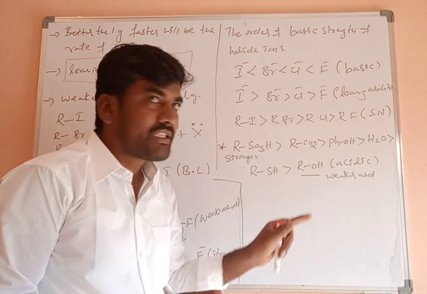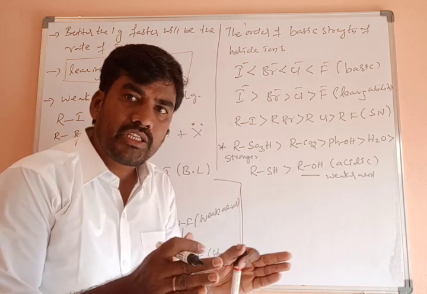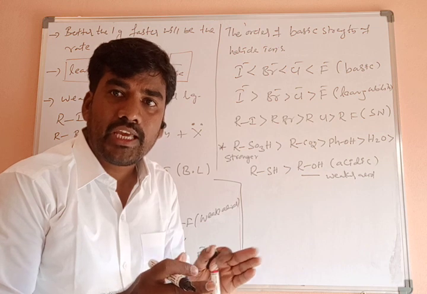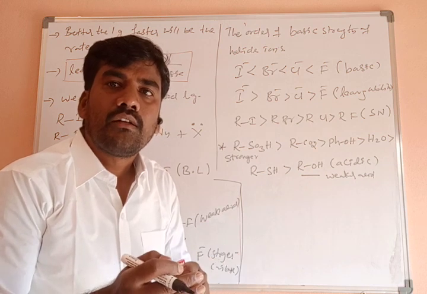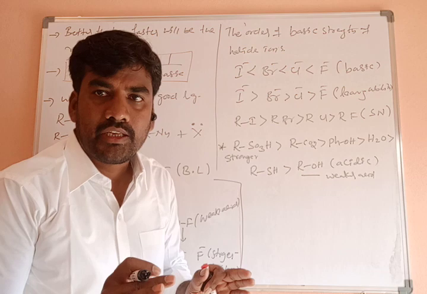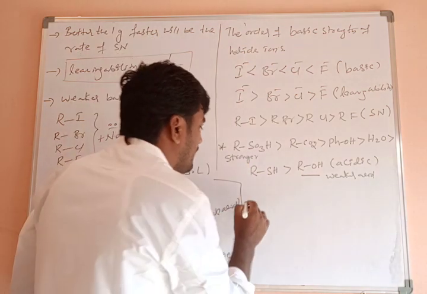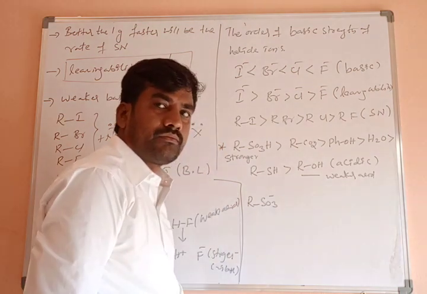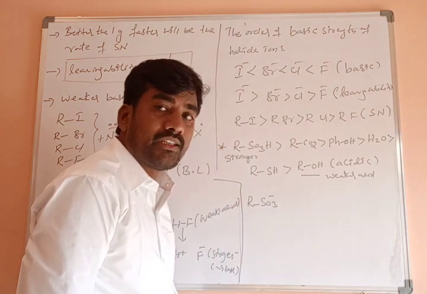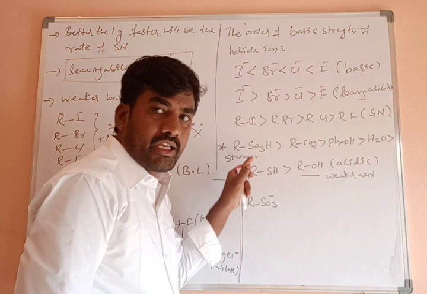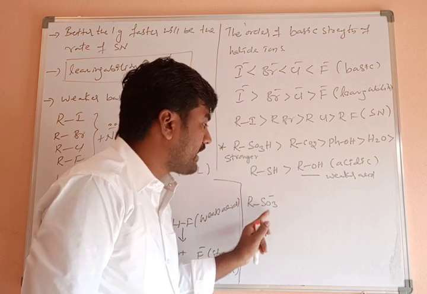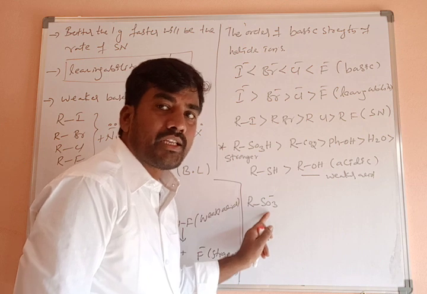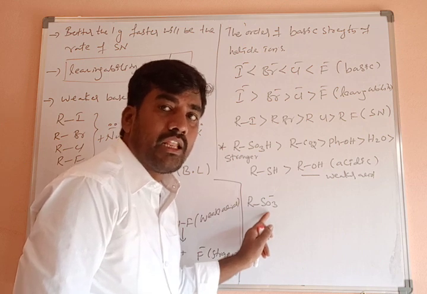In these acids, after cleavage of the bond between oxygen and hydrogen, we get anions. The stability of the anion is directly proportional to the leaving group ability. Clear? I am writing the anions. Now RSO3 negative is a weaker base because it is generated from a stronger acid. The sulfonate anion is a weaker base because it is produced from a stronger acid. So it is a good leaving group.